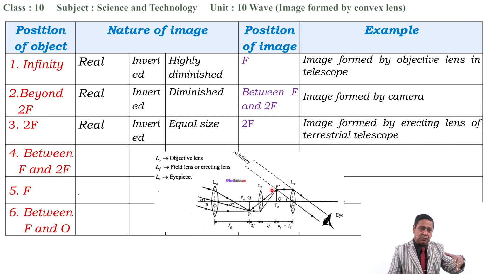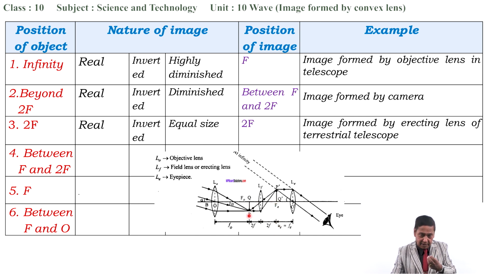Don't be confused because of all these different symbols. We are just related to this one, the middle one. This lens is used just to make the image erect. This objective lens forms the image of the distant object at the focus, and this erecting lens, here it is written erecting lens, is placed in such a way that the image formed by the objective lens falls at its 2F.